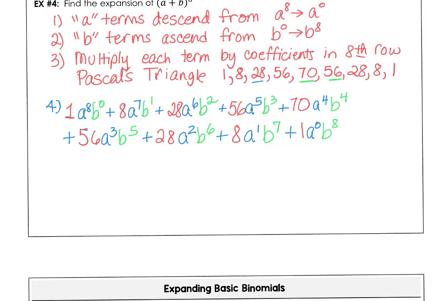And if you notice on this entire process that every single term, the powers add up to 8.